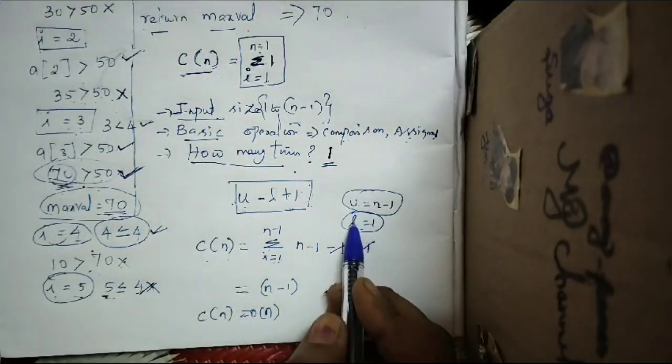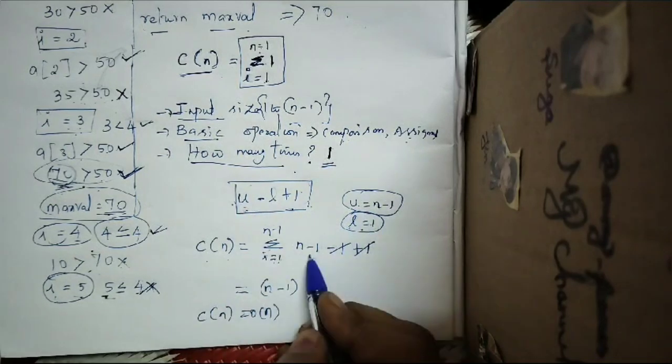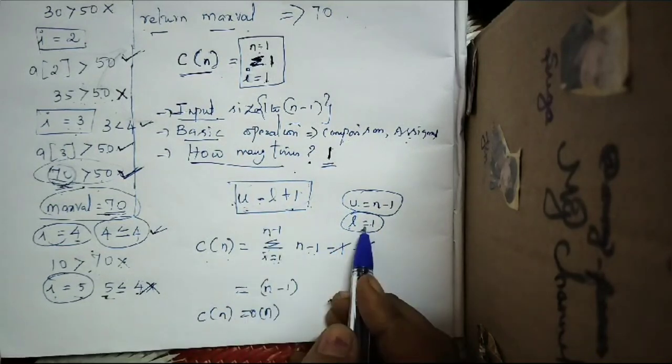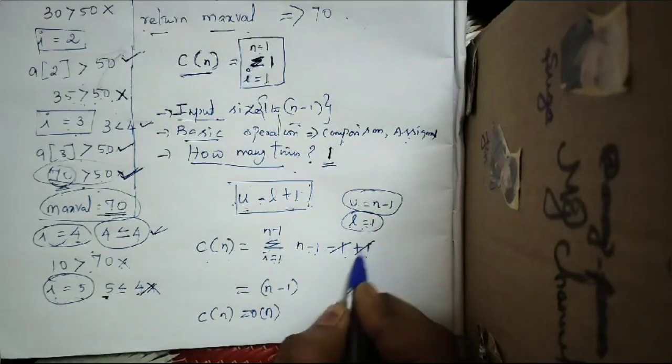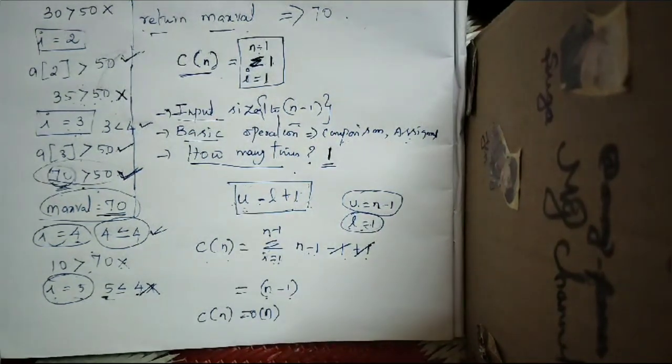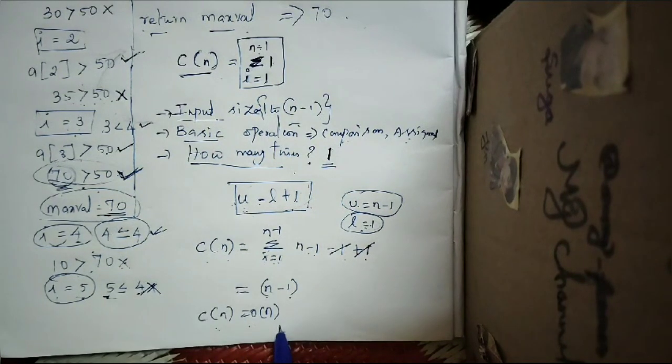So u is n minus 1, minus l value 1, plus 1. By cancelling, we get n minus 1. And now the time complexity C of n is equal to order of n.